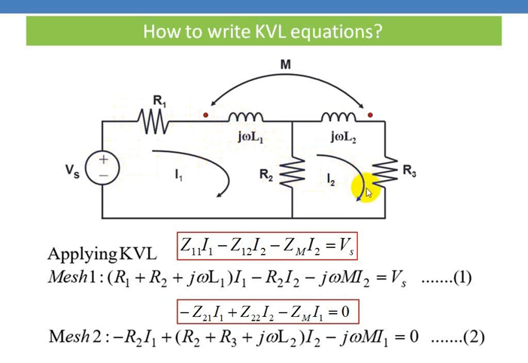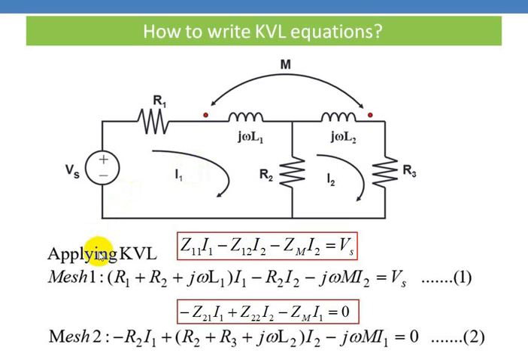In the second mesh, again we have this resistance, J omega L2 and R3. So here they are coupled and the dots are shown in the coils, and this is the dot for this coil and this is the dot for this coil. And M is the mutual inductance between the two coils.